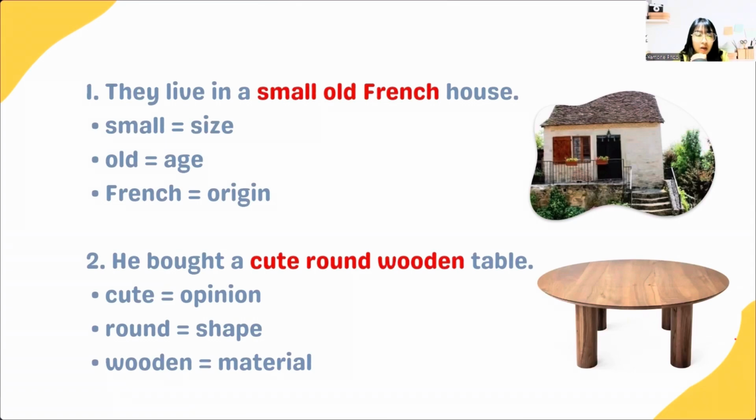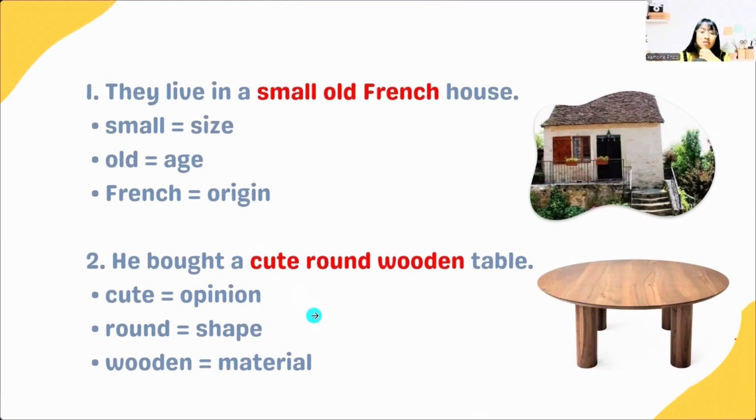Number two: she bought a cute round wooden table. Here, cute is the opinion, and opinion comes first. Round is shape. How about wooden? Wooden is the material.